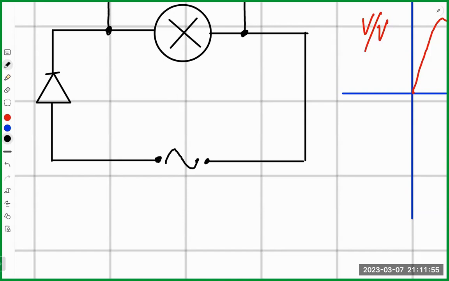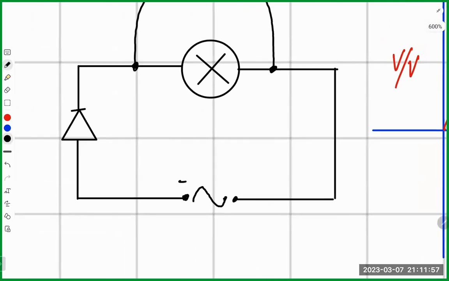If this side is positive right now and this side is negative, after half of a cycle this will become positive and this will become negative. And then again, this will become positive and this will become negative. They will keep switching.